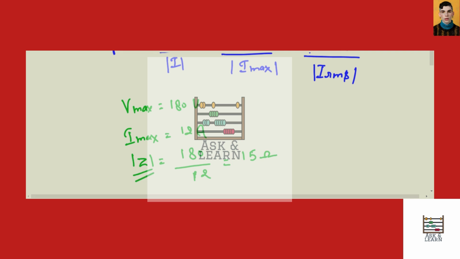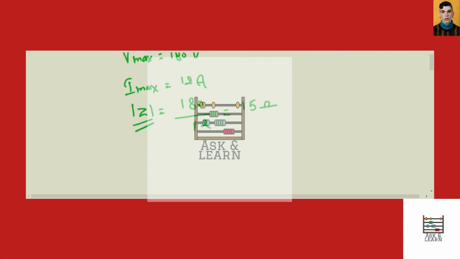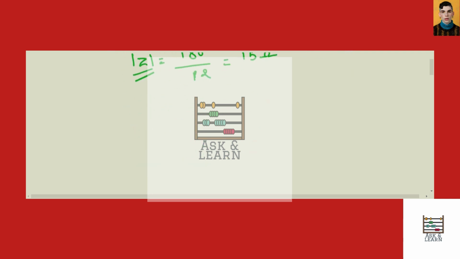Now we have to find out the separate values of R and XL. If we look at the formula for Z, the magnitude of Z can be written as under root R square plus XL square.